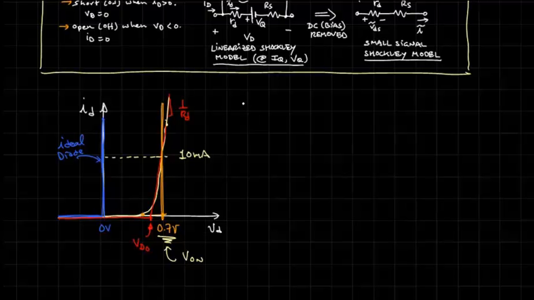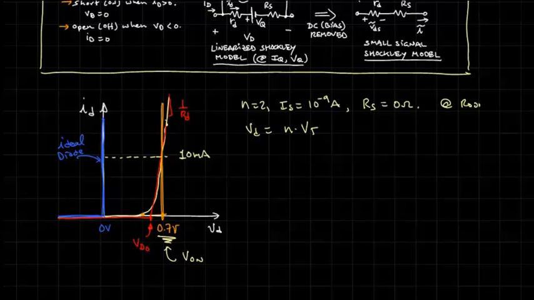So, for instance, if you're given N equal 2, IS equal 10 to the minus 9 amps, and RS equal to 0, let's say, in this case, then you could say the diode voltage is going to be N times VT, and this is at room temperature that we're going to do this analysis.